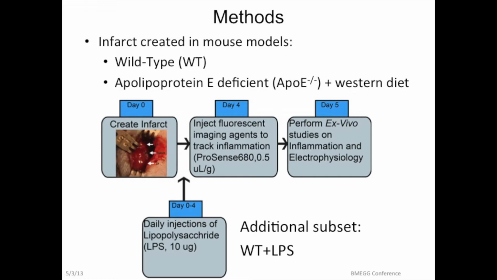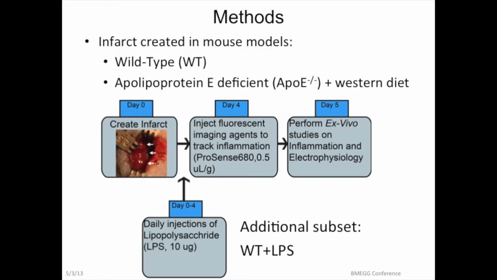So we have two different animals that we're using. We have a wild-type animal and an apolipoprotein E deficient animal, which is our atherosclerotic animal, on a high-fat Western diet. First day, we create our infarct by ligating the left anterior descending coronary artery. Then on day 4, we inject our imaging agent to track inflammation.